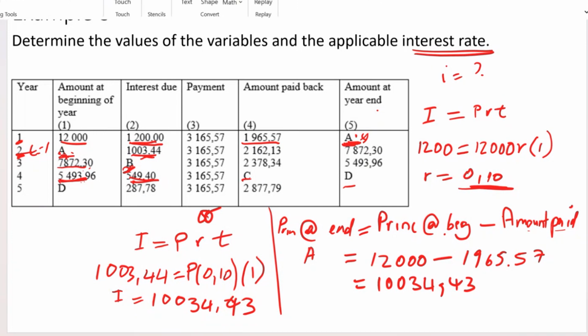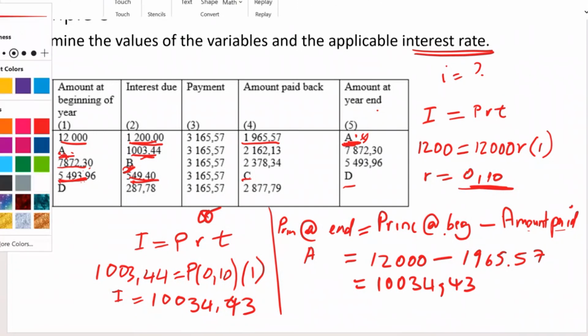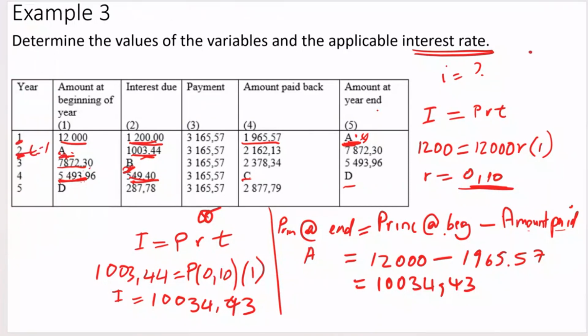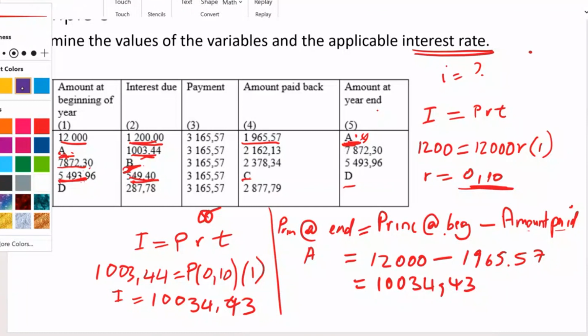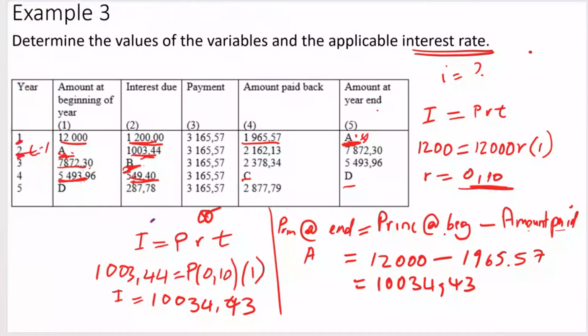It depends how much time you have for thinking. If you want to calculate this B, you know that your interest is equal to PRT.